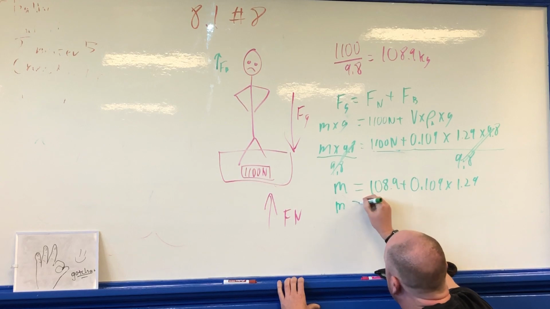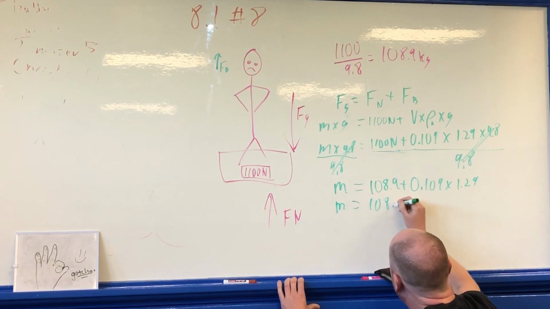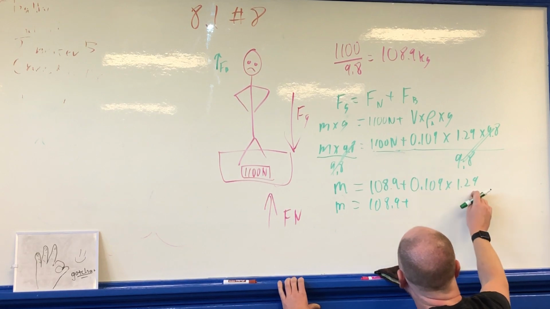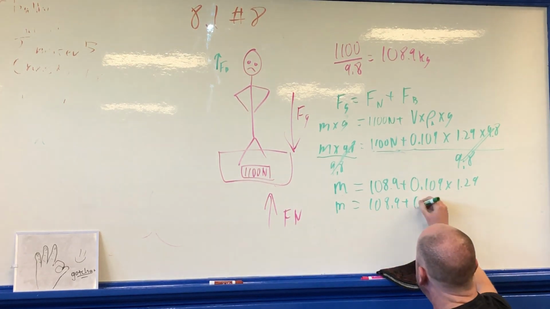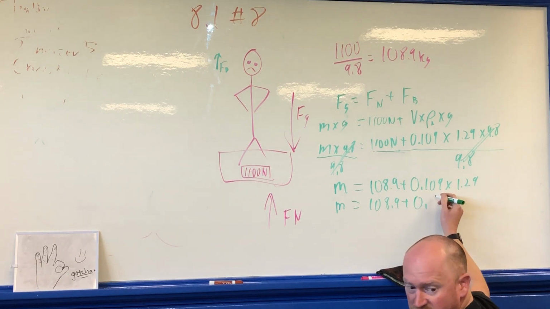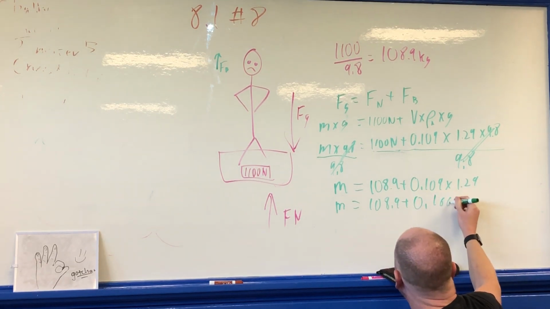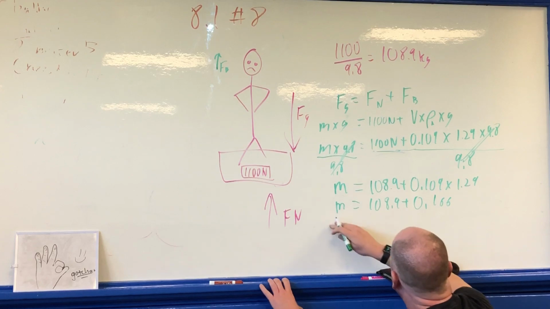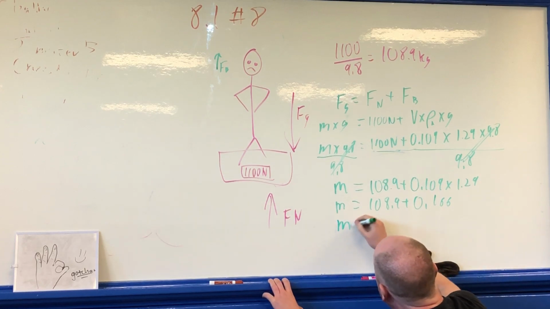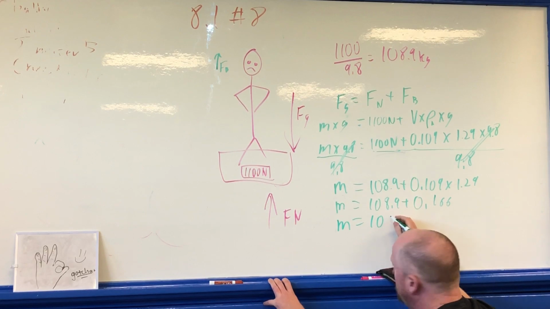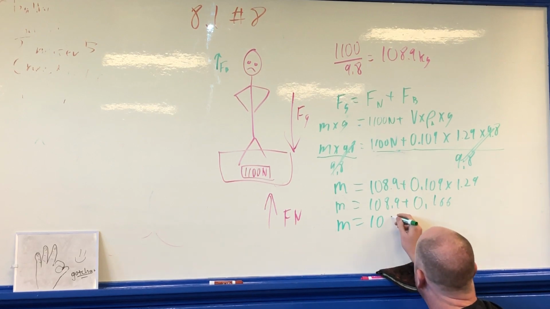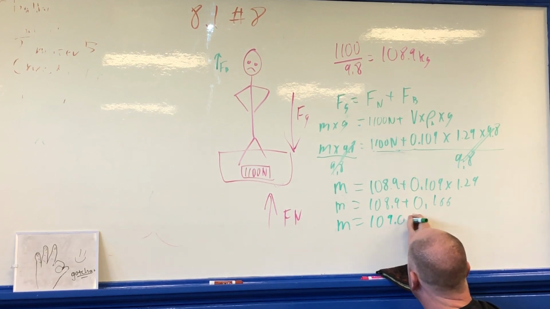Let's keep going here. My real mass is equal to what I thought was my mass plus, if I multiply these two together, I get 0.166, and so I add it up and I get that my real mass is equal to 109.066.